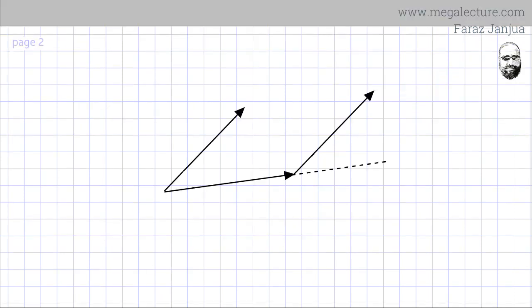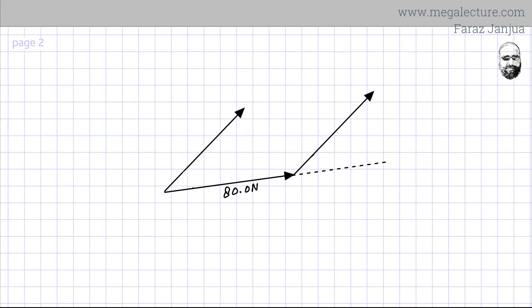There is another way of adding the same two vectors that we added already. This one was 80.0 Newton, and this one was 50.0 Newton. So actually these are two forces, and this angle was 30 degrees.